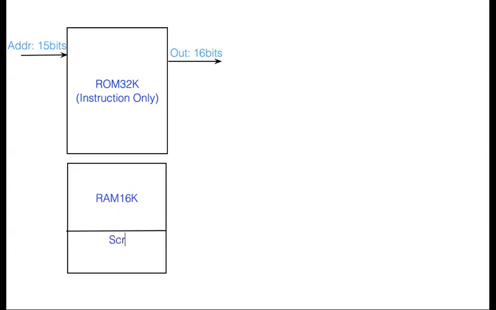Below that is the screen memory, which we call the screen memory map. And below that, we also have the keyboard map.